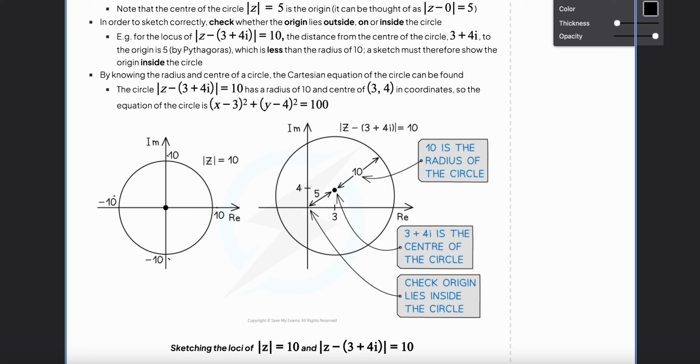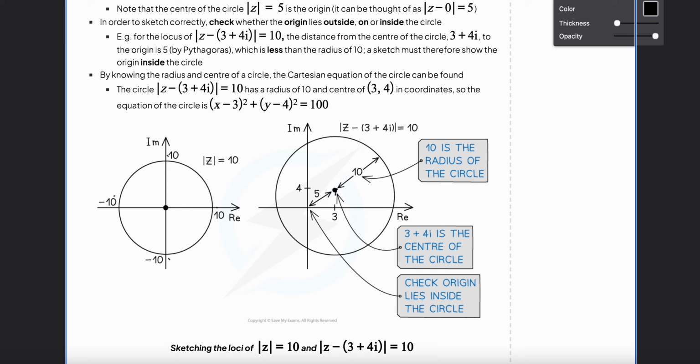If I have the modulus of z minus 3 plus 4i equal to 10, it means my center is at 3 plus 4i. From the previous video we know how to plot the point 3 plus 4i: 3 on the real axis, 4 on the imaginary axis. This is the point, so this is our center, and then we make sure our circle is of radius 10.